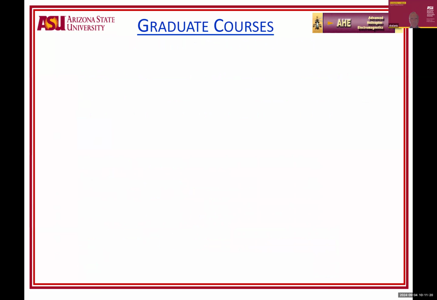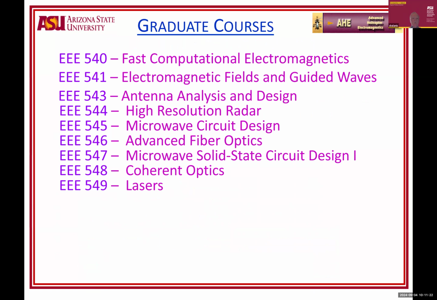Graduate courses, we have a plethora, to use a big word that Howard Cosell used to use on Monday Night Football. Plethora, that means many. 540, 541, advanced course in electromagnetic theory. We have a graduate level course on antennas, 543, on radar, 544, microwave circuit design, 545, and so forth.